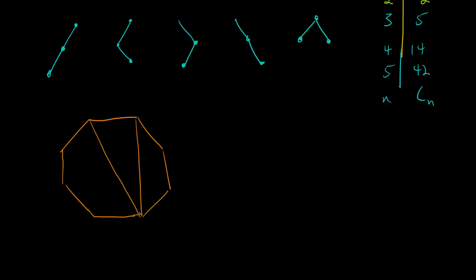And instead of fixing the bottom side, I'm going to fix the top side instead. Okay? So let's fix this top side right here. And then my rule is I'm going to start drawing the binary tree right here. This is my root node.